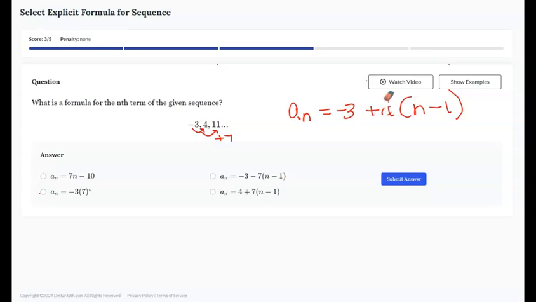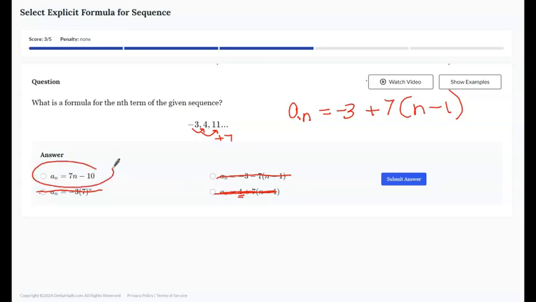And my common difference is adding 7, so I'll put that here. But this one doesn't have the right sign, so that can't be it. And this one is exponential, so that can't be it. And this one doesn't have the right answer in the first position, so that can't be it.